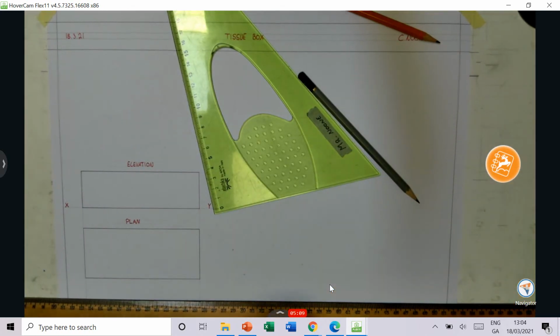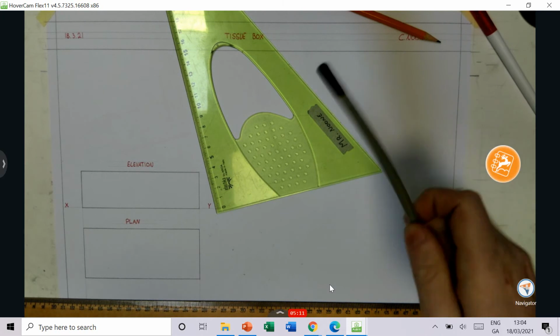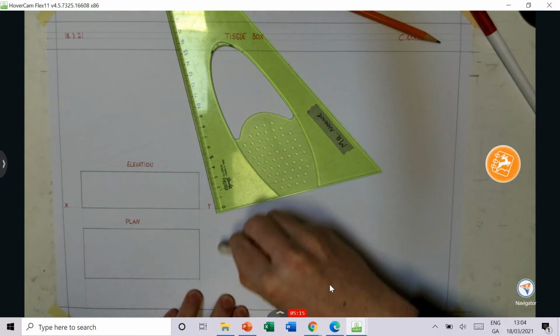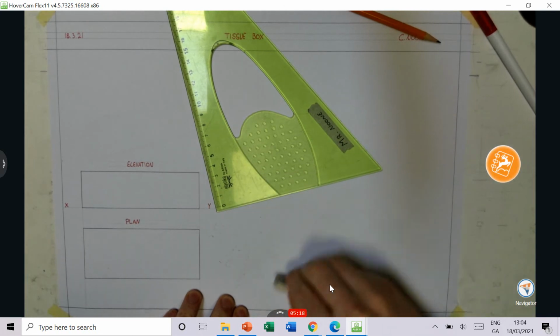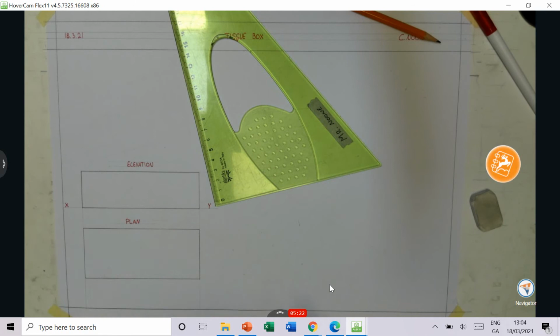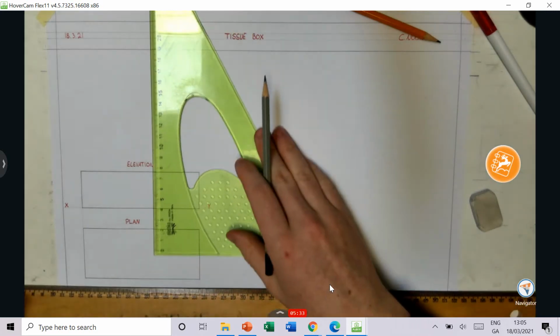Okay, so we have my elevation and we have the plan. But we also know that there is an ellipse shape on that plan as well. What the question said was that in the center of this shape there's an ellipse with a major axis of 80 mil and a minor axis of 40 mil. So first things first, I want to find the middle of that shape.